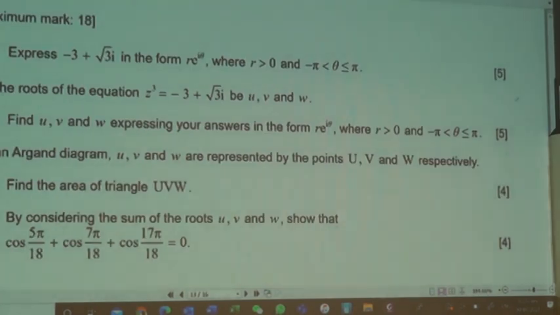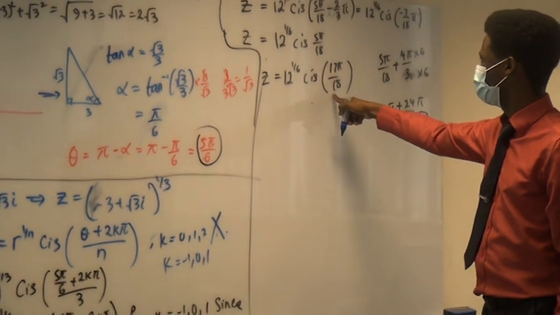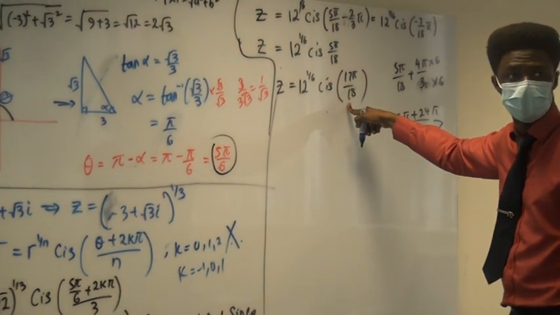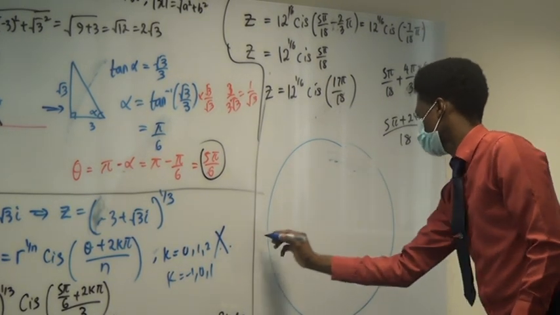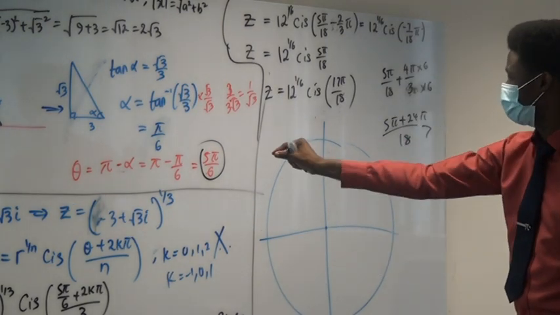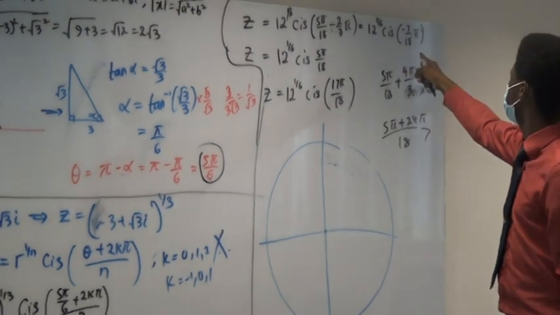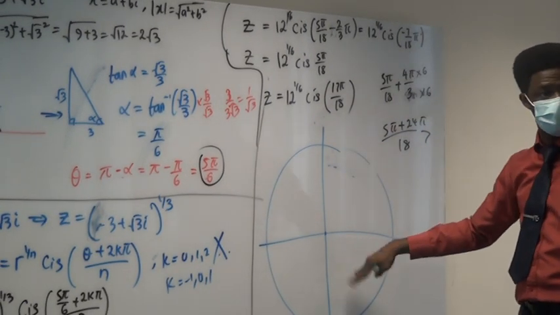This question talks about a triangle. Just show them on the Venn diagram. If you evaluate this, the argument can help you out here easily. Remember, you have a circular function, something like this. The first one, negative 7 pi, means it's below this axis.